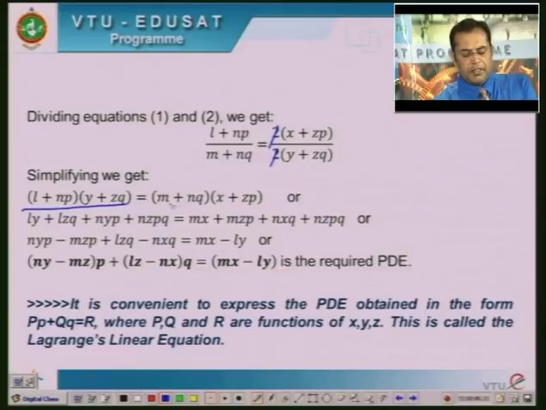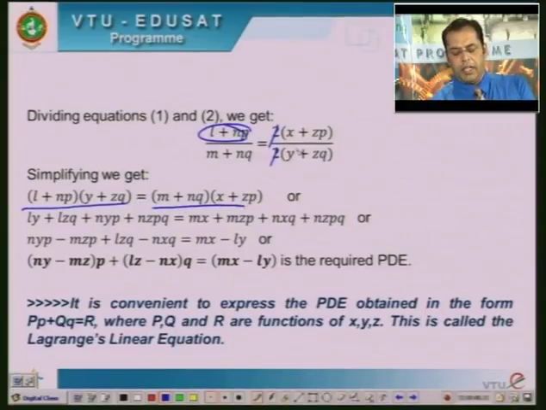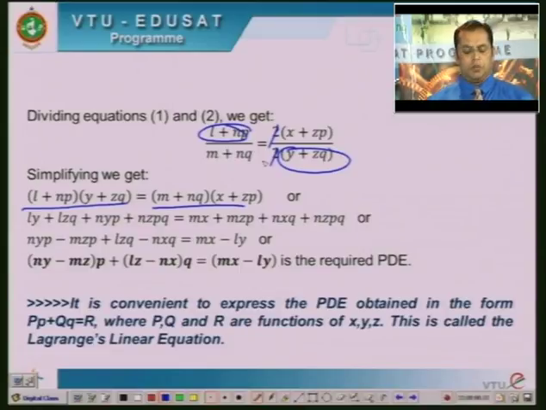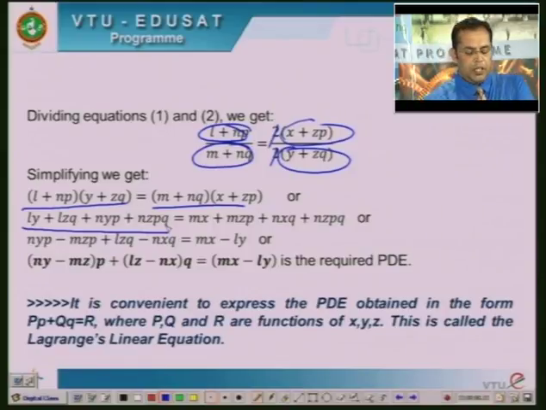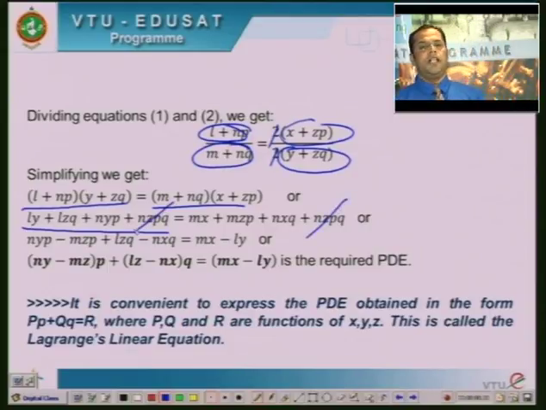Simplify by cross multiplying. So, you have (l + np)(y + zq) = (m + nq)(x + zp). Rearrange, multiply the LHS terms, you get ly + lzq + nyp + nzpq equal to mx + mzp + nxq + nz pq. Observe friends that these terms cancel and rearrange.